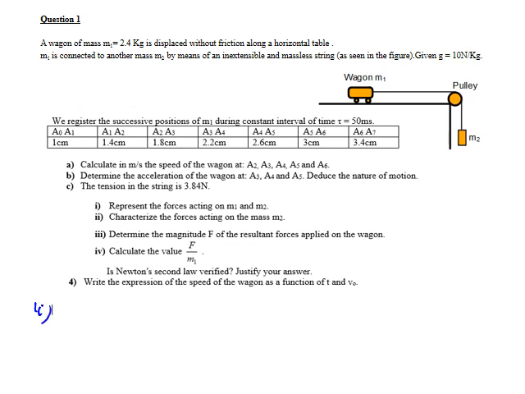Part 3. Determine the magnitude of the resultant forces applied on the wagon. Summation of forces on the wagon: N1, T1, W1. Projection along a positive direction.